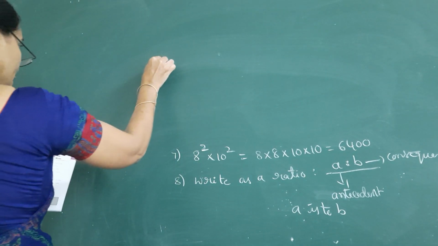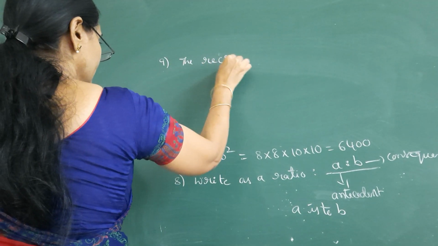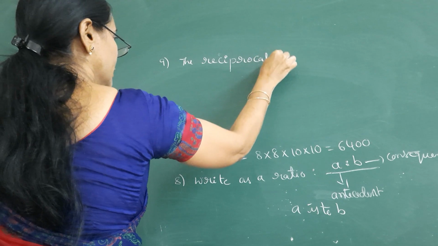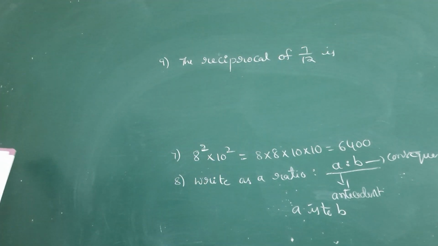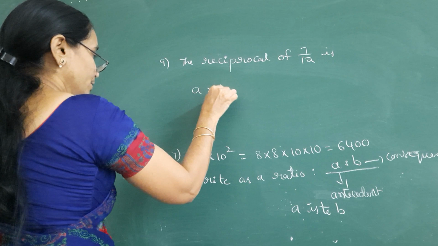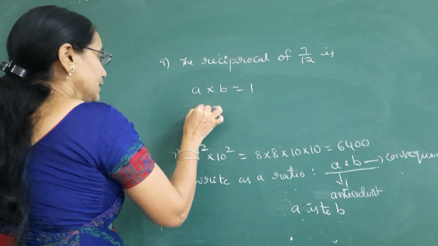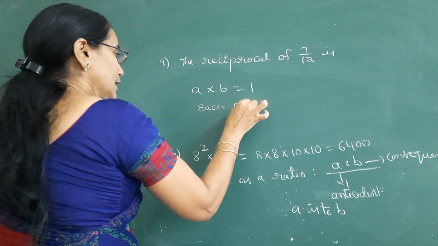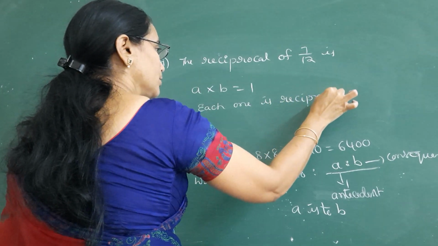See the ninth question. The reciprocal of 7 by 12 is. Reciprocal means when you multiply two numbers, if the product is 1, then each one is reciprocal to the other.